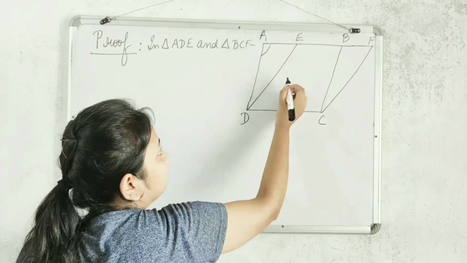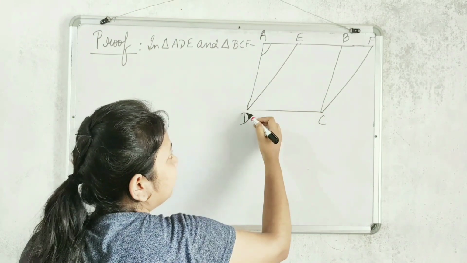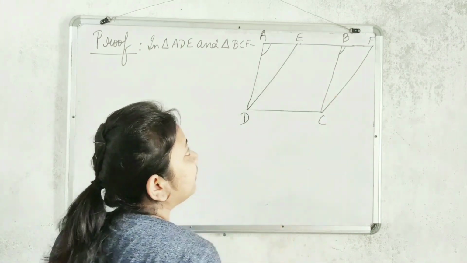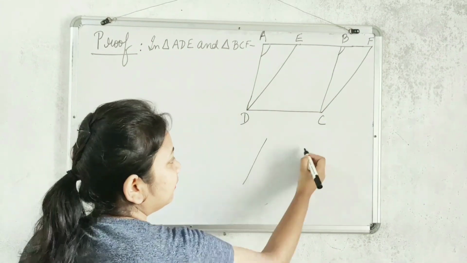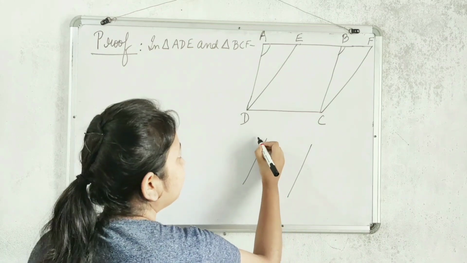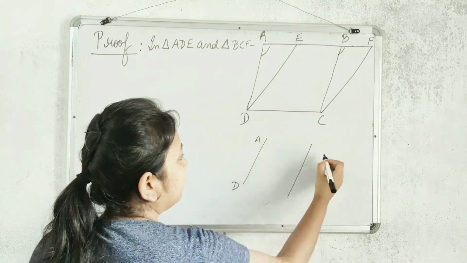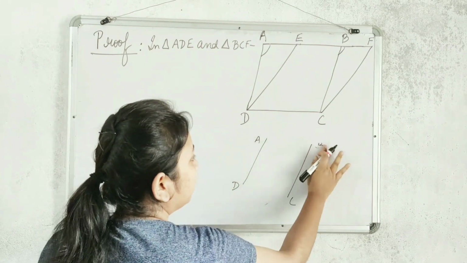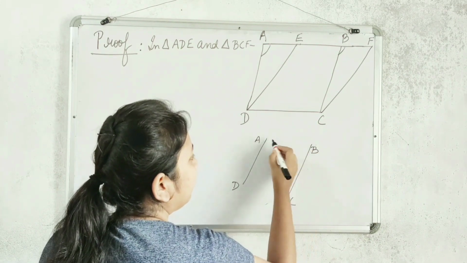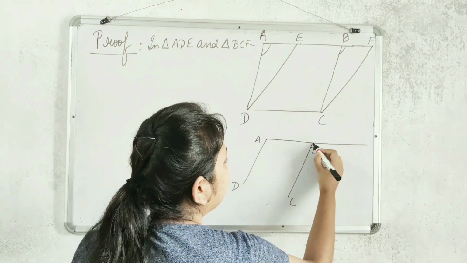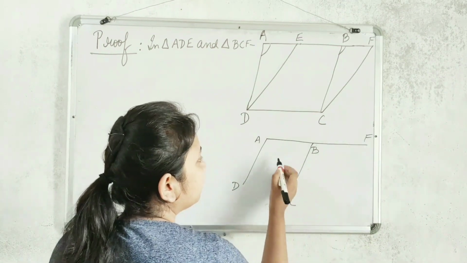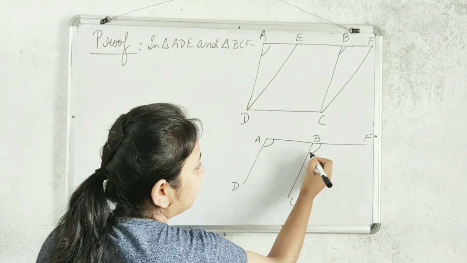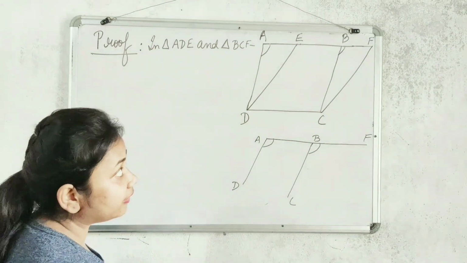So angle EAD and angle FBC are corresponding angles and they are equal.